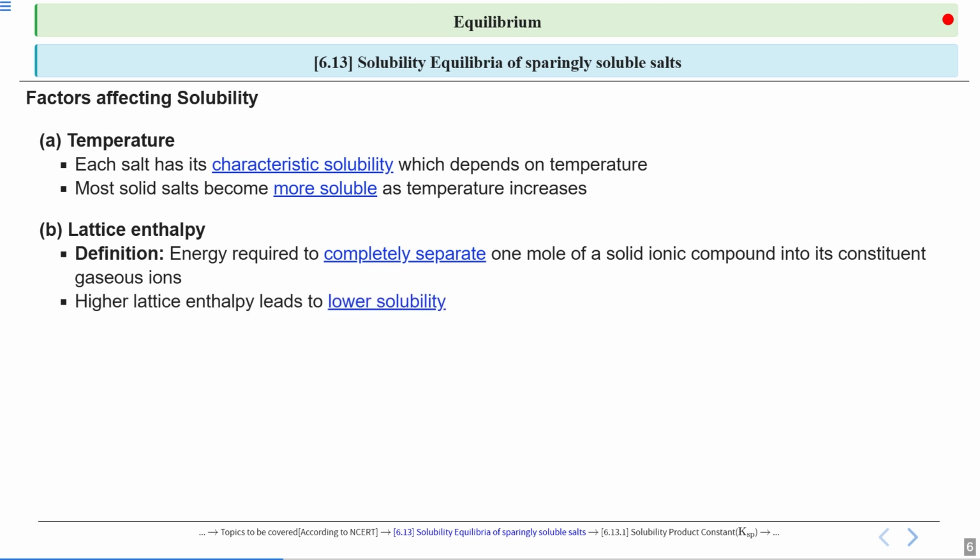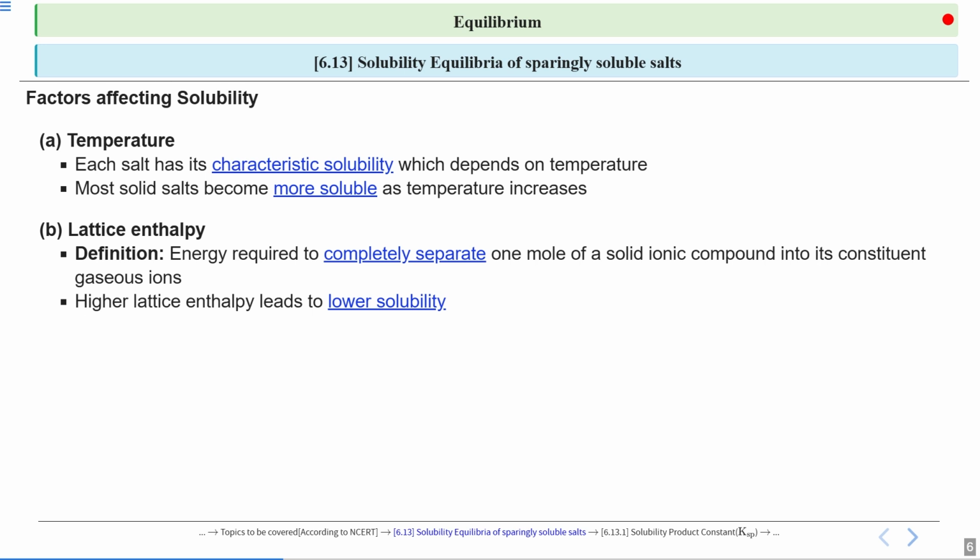So, if you are talking about energy that is being given to break the ionic salt, it means the lower the energy, the easier it is to break that salt, right? So we can put up a direct link here. What is the direct link?